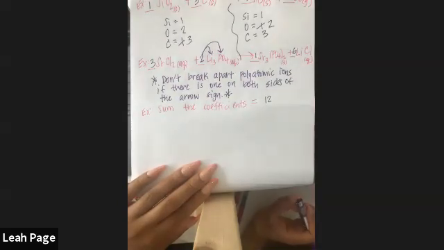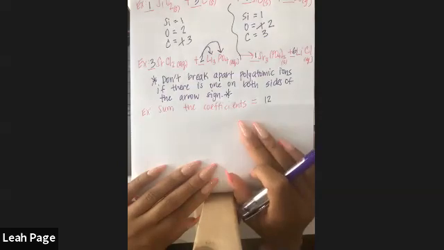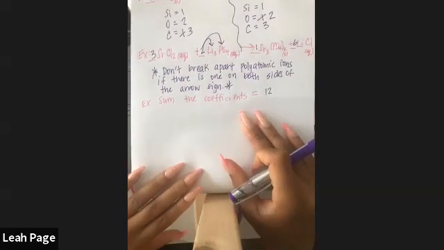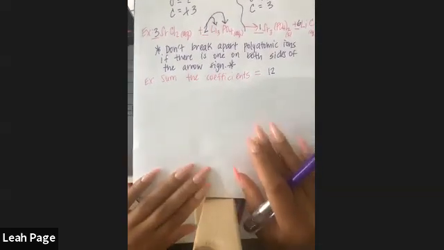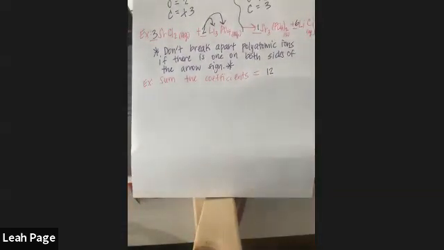So don't forget about that assumed 1. Even though you don't have to write that 1, you just have to remember it when you have a question like this. Does that make sense, guys? Give me a thumbs up. Yes. All right, cool.